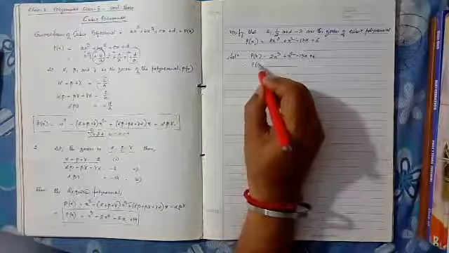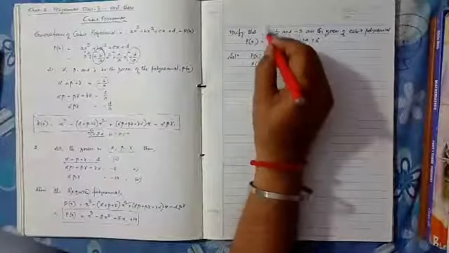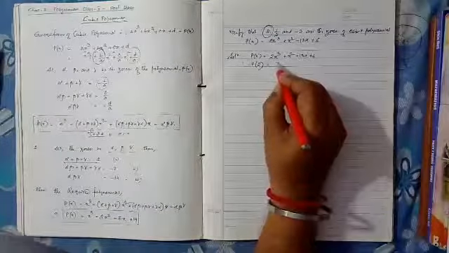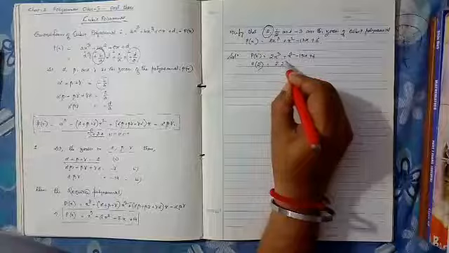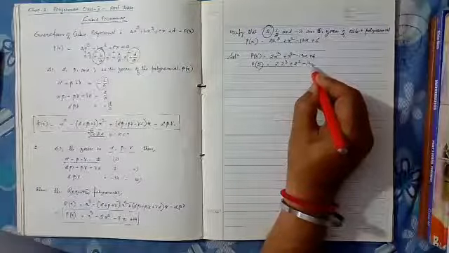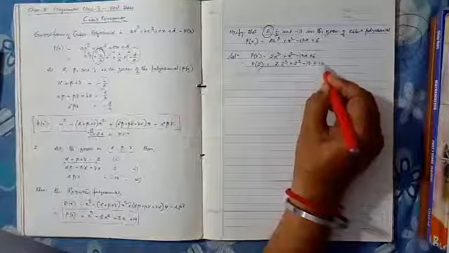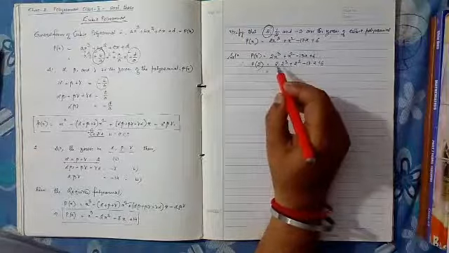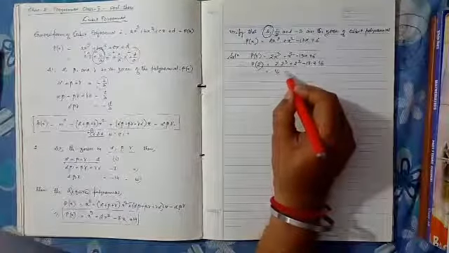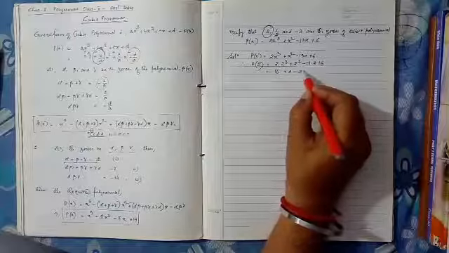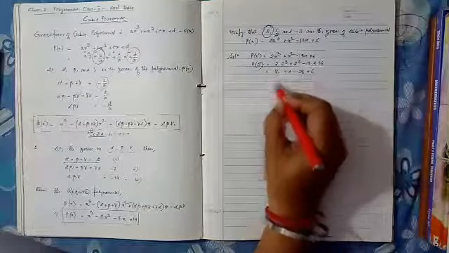Therefore, first we put this value. P of 2 is equal to 2 into 2 cube plus 2 square minus 13 into 2 plus 6. This is equal to 2 cube means 8, 8 twos are 16, plus 2 twos are 4, minus 13 twos are 26, plus 6.